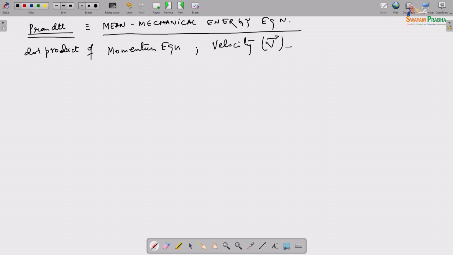And we take a time average. So, essentially it is a time average of the dot product of momentum and velocity.